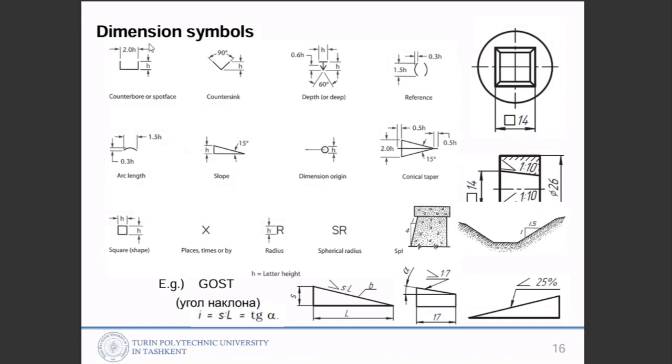From the left-hand side at the top, the first is the counterbore or spot face symbol. The second one is the countersink symbol. The third one is the depth symbol, like a horizontal line like this, and then an arrow shown this way.